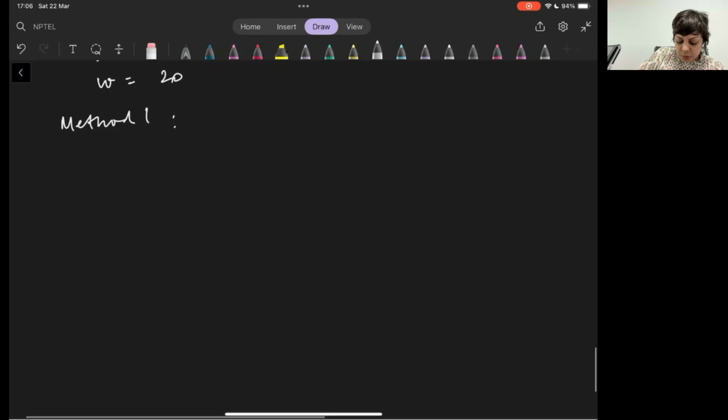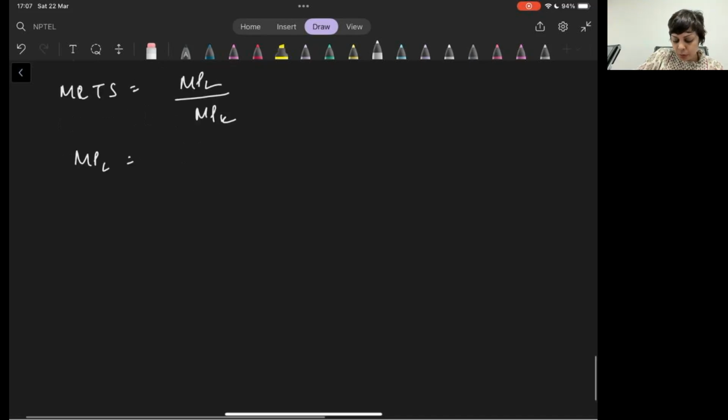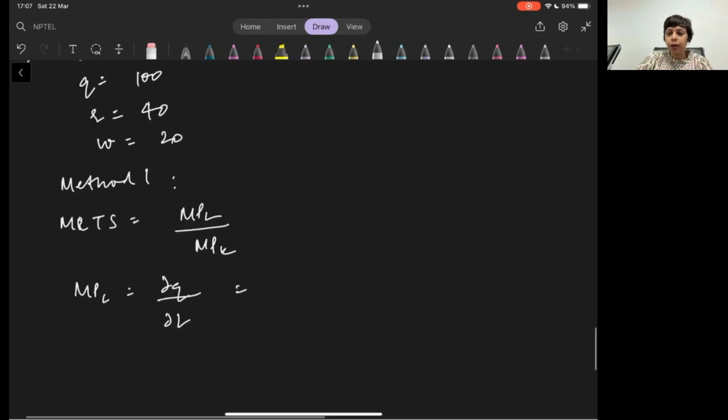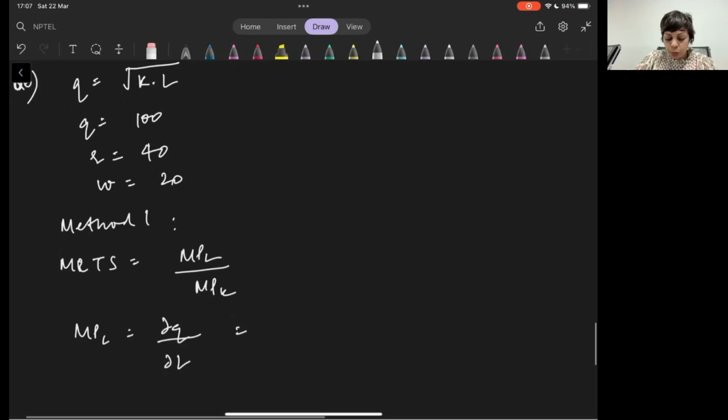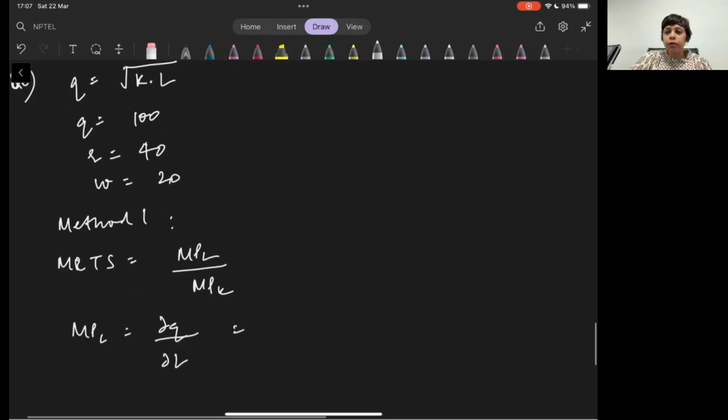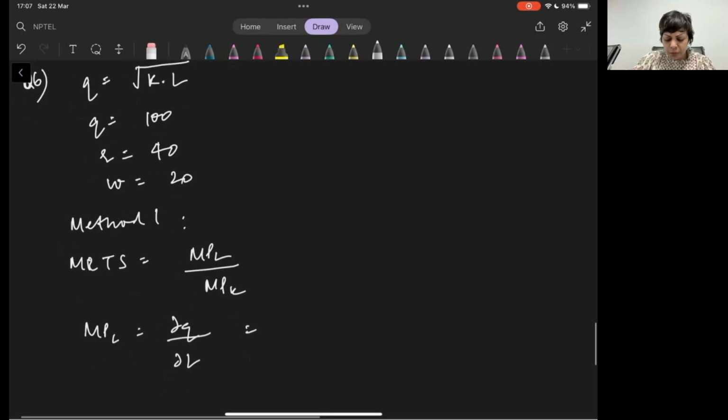So let's first compute the MRTS, which is MPL by MPK. MPL is equal to del Q by del L. Q is root K into L this time. That's what makes this question different from the previous question.